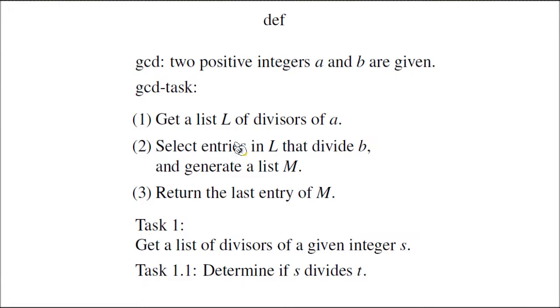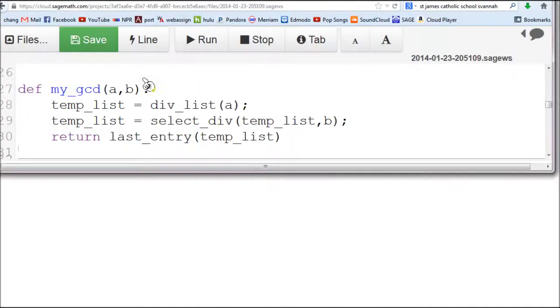Now what we have to do is create another definition that does all these tasks at once, calling all the things that we have defined. So here it is. First, we're given two numbers, a and b, both positive, and by doing divisor list A, we get all the divisors.